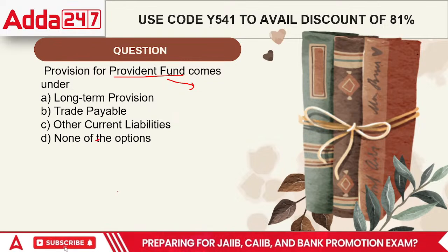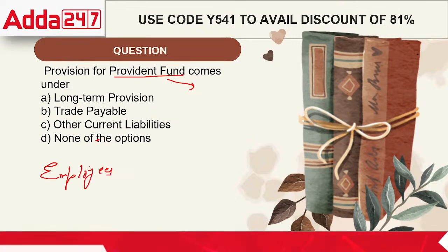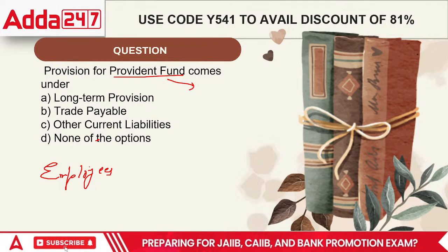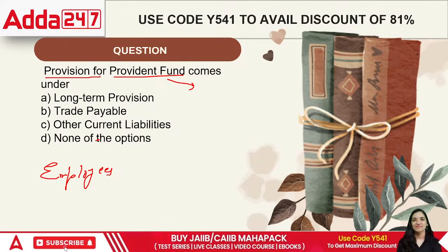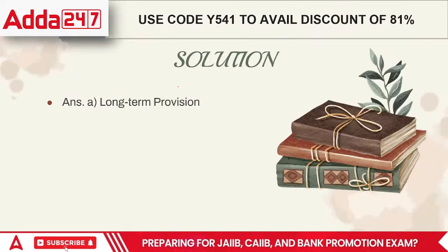That is a long term one. Since it is a provision, we are anticipating that we might have to pay further. This would be treated as a long-term provision, right? It's A.